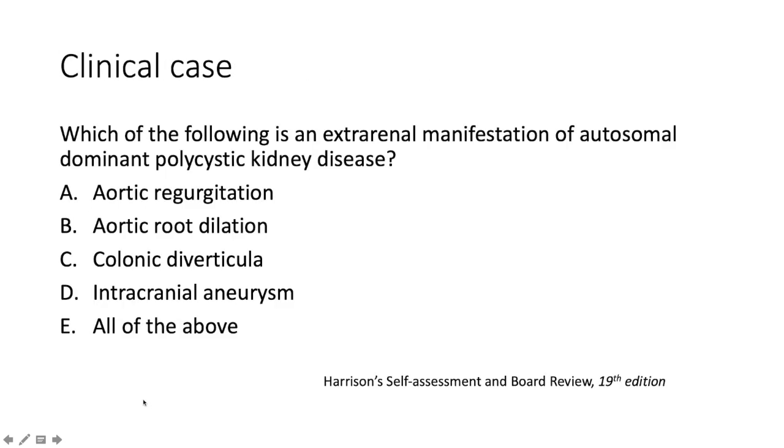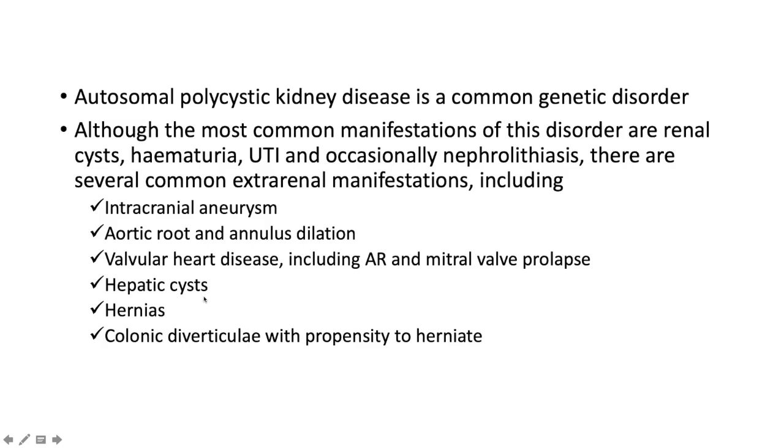Back to our clinical case, what really is the extrarenal manifestation of ADPKD? All of the above: aortic regurgitation, aortic root dilatation, colonic diverticula, intracranial aneurysm, and mitral valve prolapse.